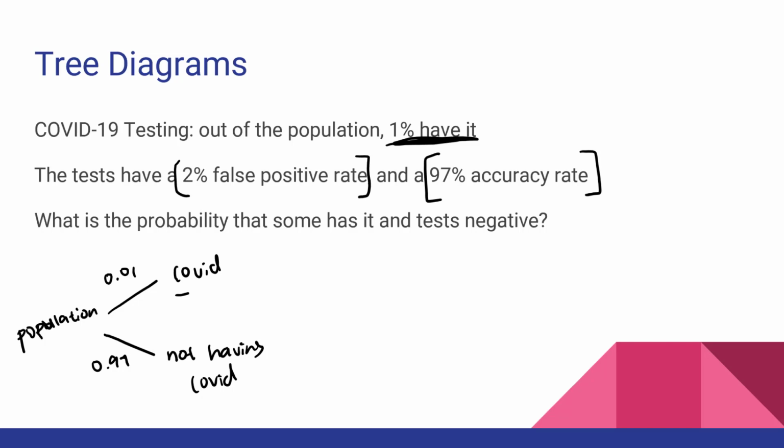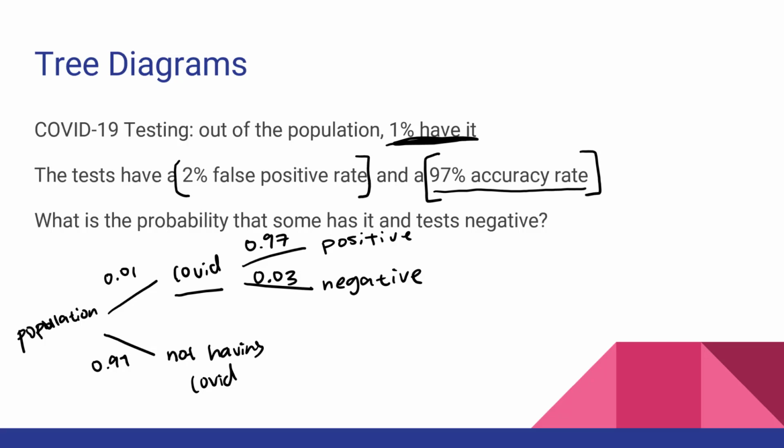Out of the people that have COVID, we know that there is a 97% accuracy rate. So 97% of them will be found as positive for COVID, and then 3% will come out negative even though they have COVID. So this is our test's problem. Now, out of the people that don't have COVID, 2% will test positive as a false positive, and then 98% will test negative.